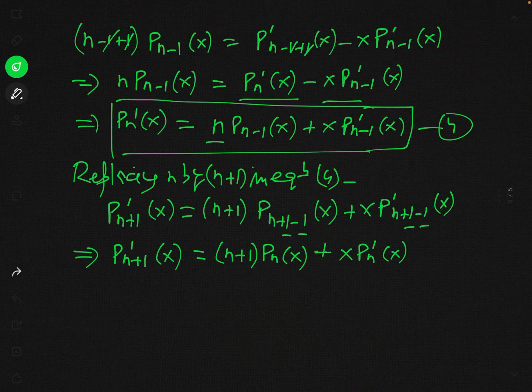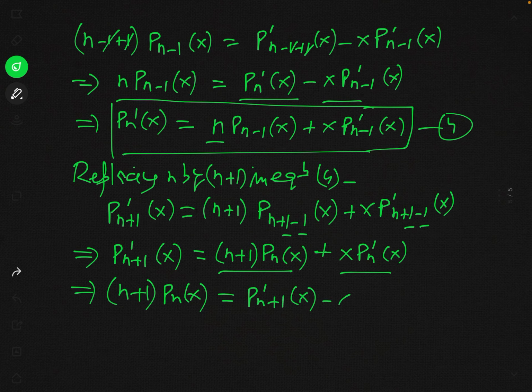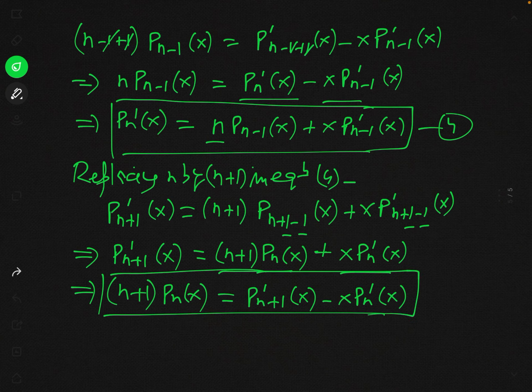So you can see from this result we can write that this term n plus 1 into Pn of x equal to what? I will now take this term to the LHS. So this will be P prime n plus 1 of x minus x into Pn prime of x. And you can see this is the result which we have to prove. So this is the other form of the fourth recurrence formula.